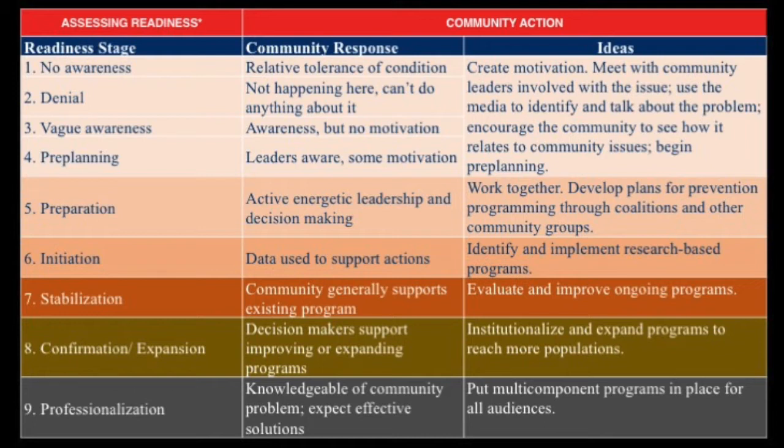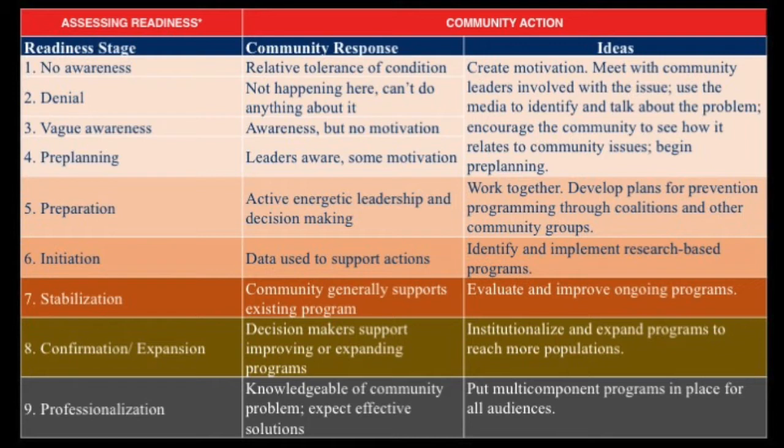When the community knows there is a problem, they want to do something about it, and you come there with your plan to save the day, if you will. So 5 and 6.